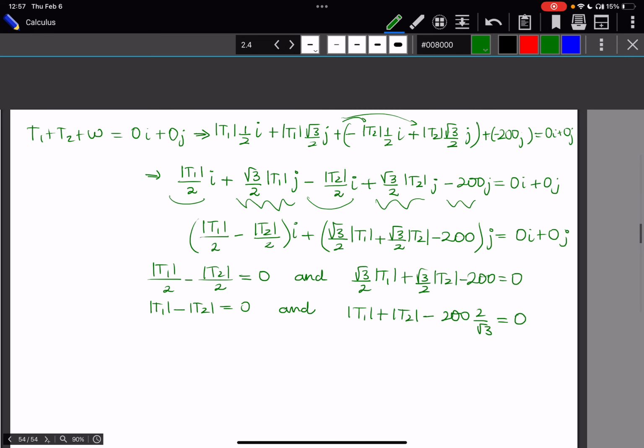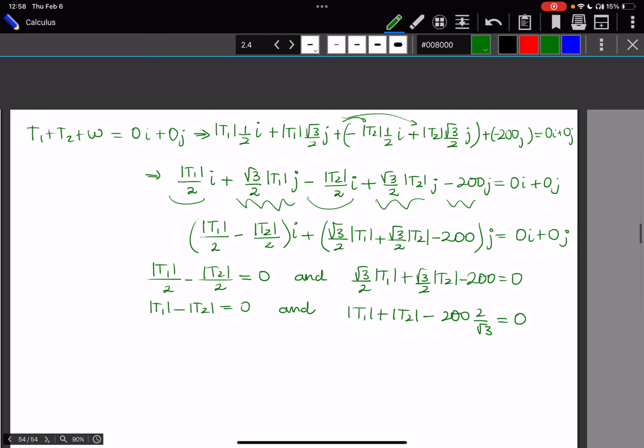So we can, at this point, do various things. One of them is that we can say from this first equation that the magnitude of T1 and the magnitude of T2 are the same. That's something we could see from the diagram, but we just got it algebraically, so that's good to have.